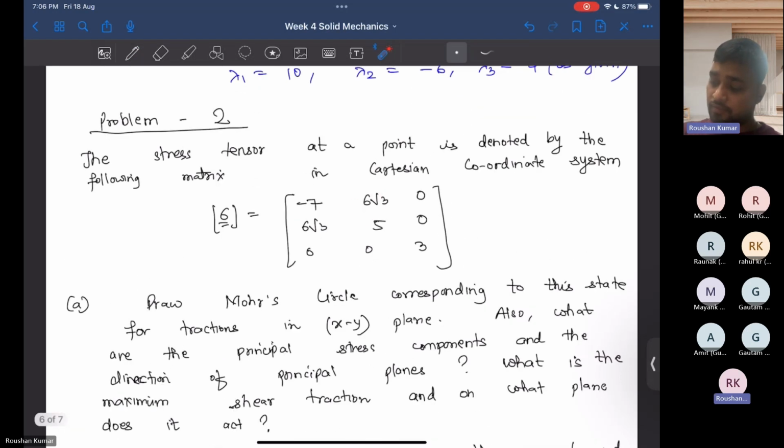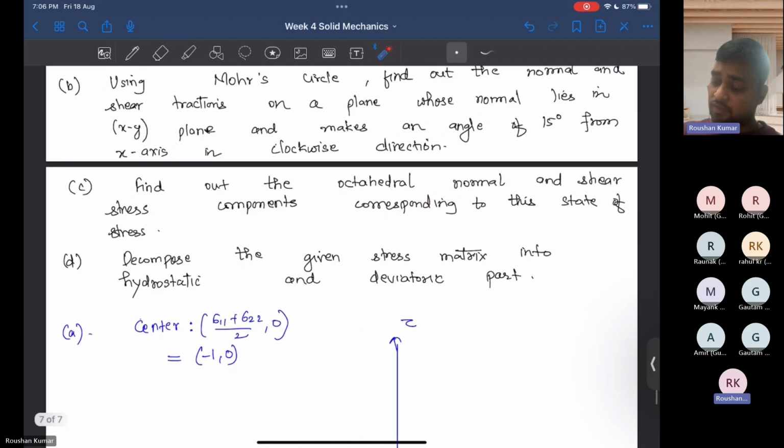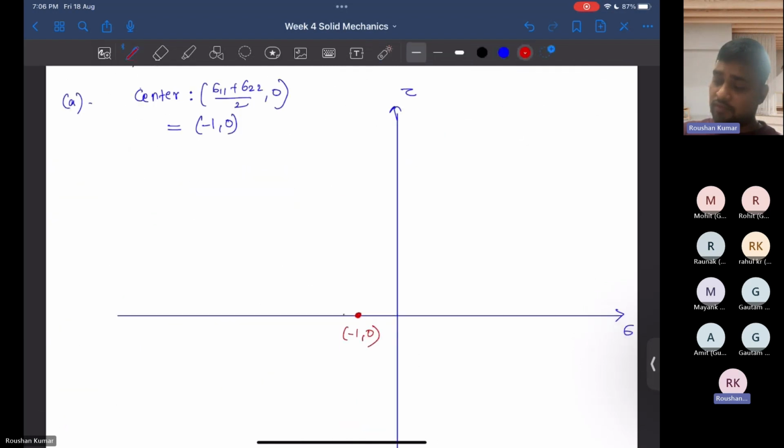So we plot this point on the Mohr circle: minus 7 comma 6 root 3. It lies somewhere here.